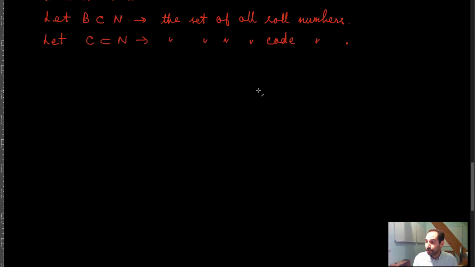Now this gives rise to two functions. Here basically you will get two functions, f as a function from A to B, and g as a function from B to C.